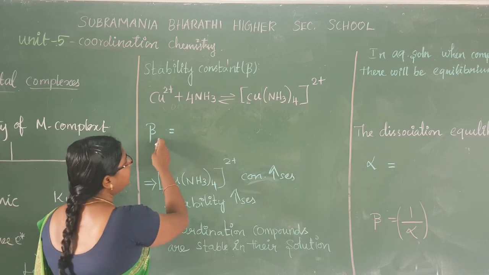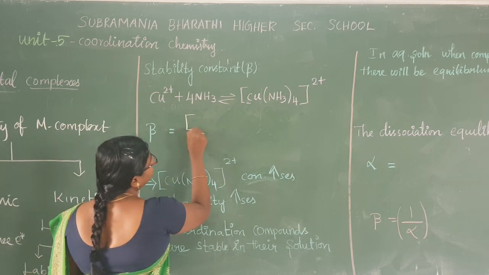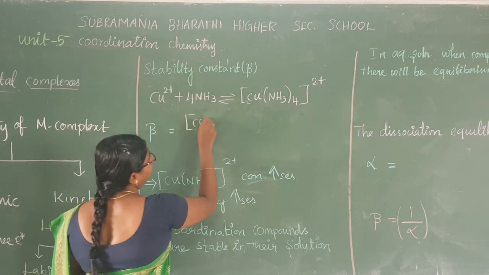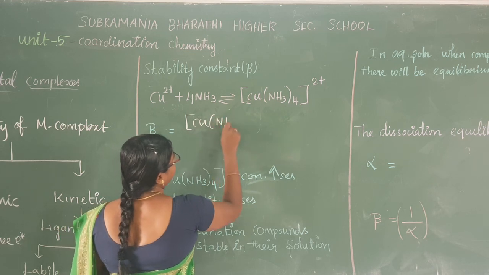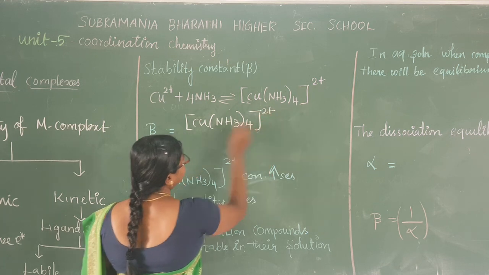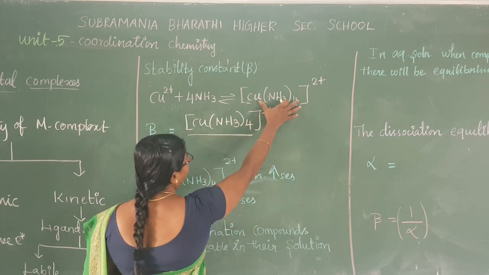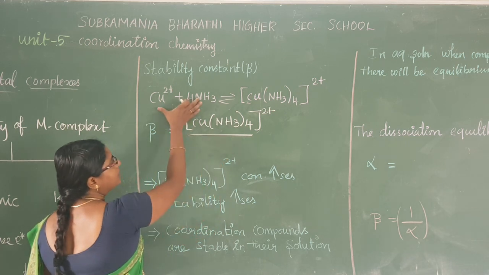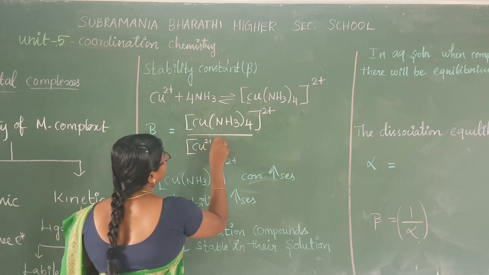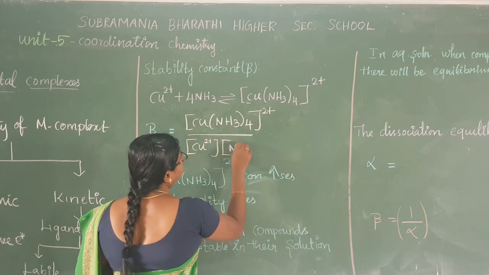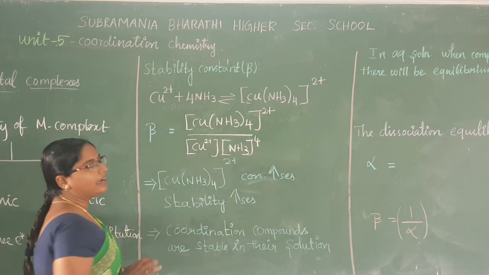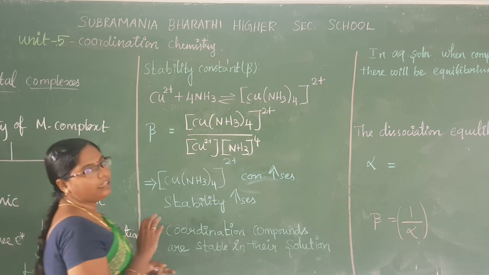Let me write the stability constant first: the concentration of the product, [Cu(NH3)4]2+, divided by the concentration of the reactants, [Cu2+][NH3]4. In this way I can write the stability constant for any given reaction.